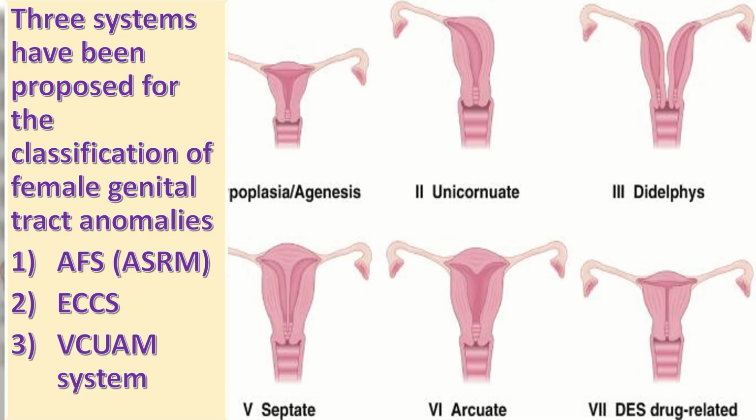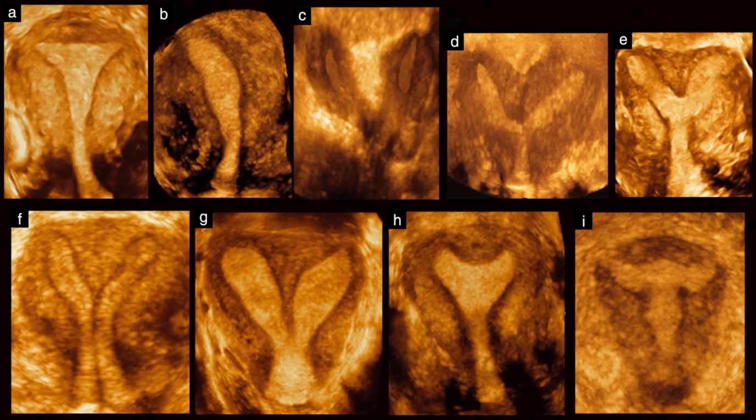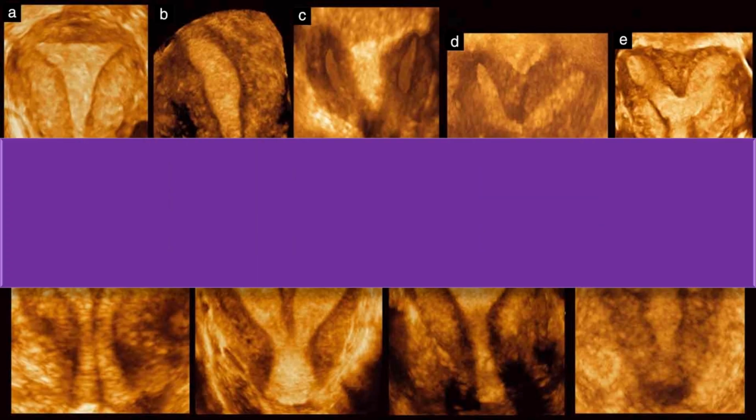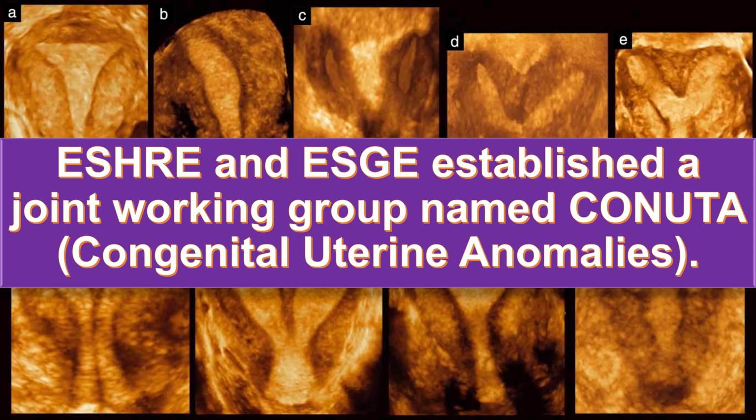Now, recognizing the clinical significance of female genital tract anomalies, the European Society of Human Reproduction and Embryology and the European Society for Gynecological Endoscopy established a joint working group named CONUTA, which included congenital uterine anomalies. The primary objective of this group was to develop a new updated classification system.